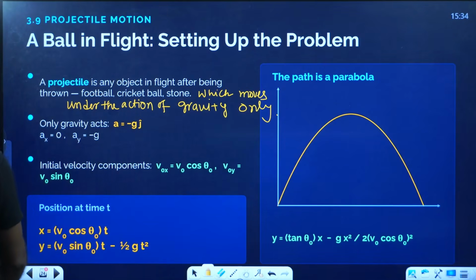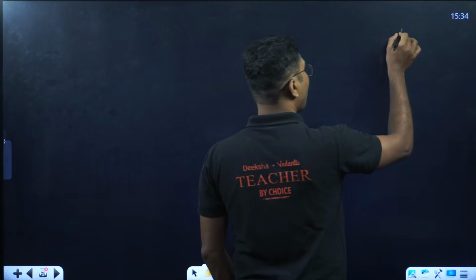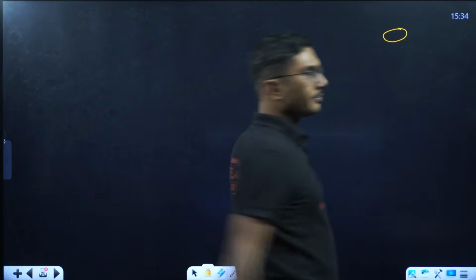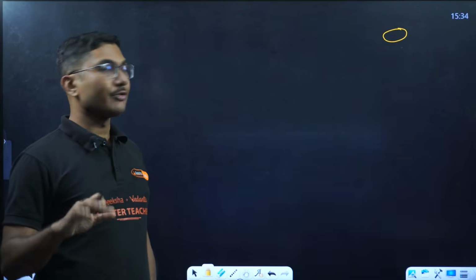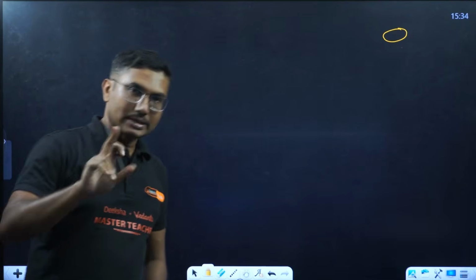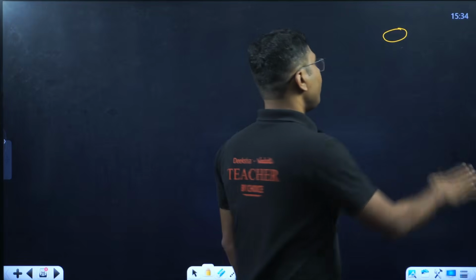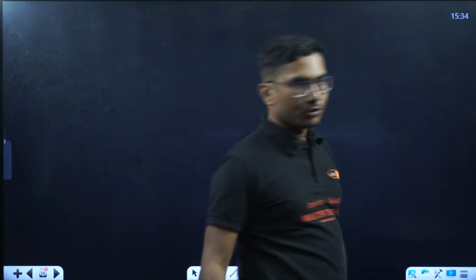If you go back to our previous chapter, there was one motion which was only under gravity, when an object is dropped from a position and allowed to fall only under gravity. That was called free fall, which is a one-dimensional motion.